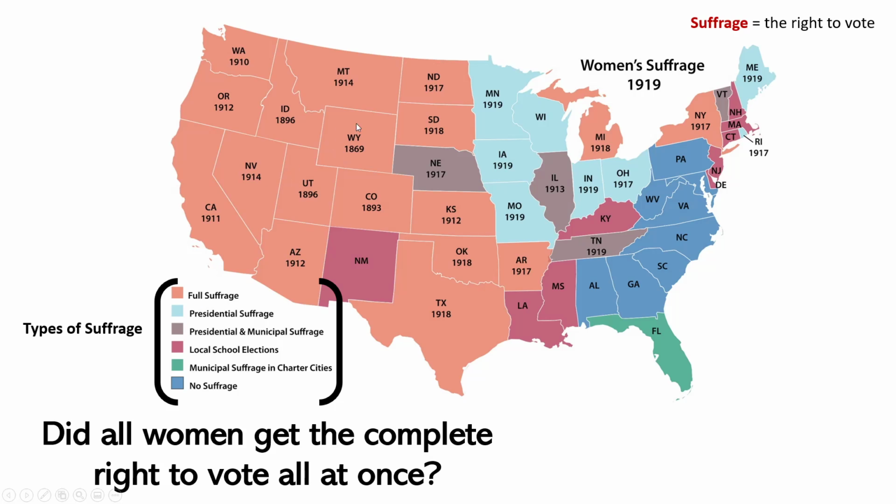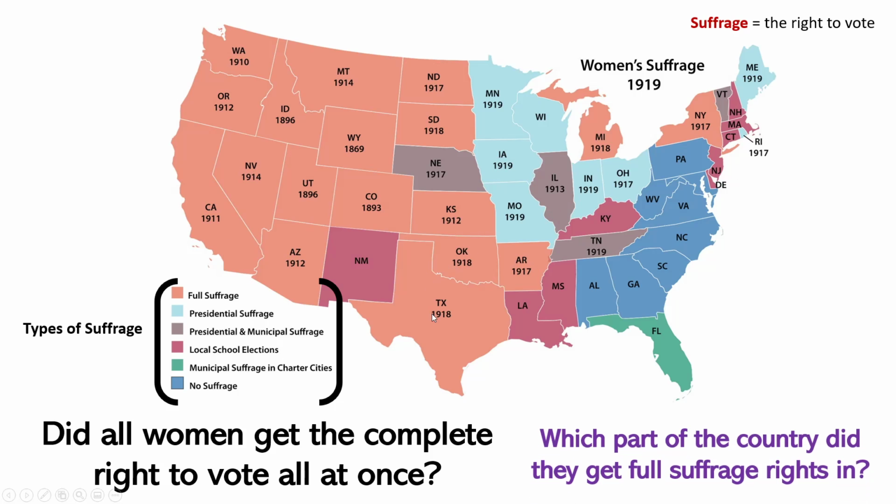And you saw that it started in Wyoming right here in 1869, and within a few decades it spread throughout most of the West. So by the time we get to 1919, there's a constitutional amendment that is being pushed for all women of the United States to have full suffrage rights, and we'll see if we got there.